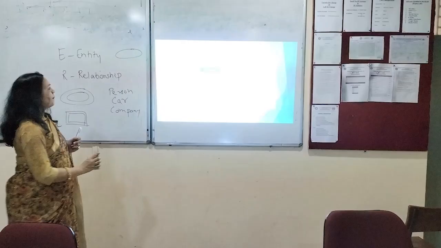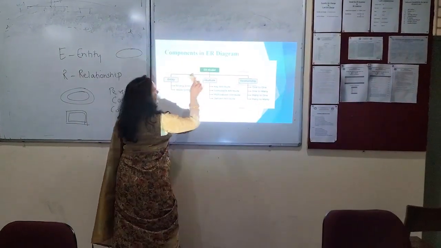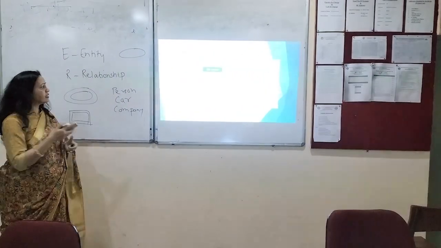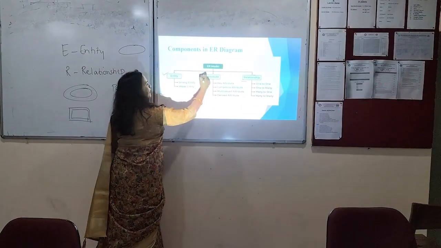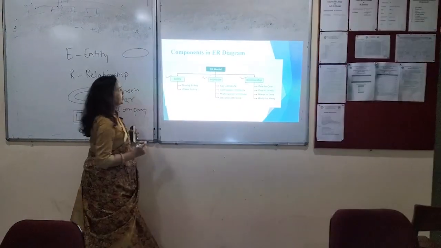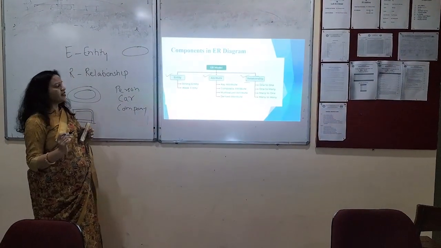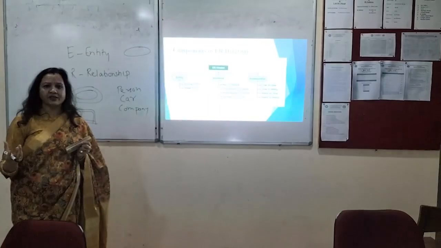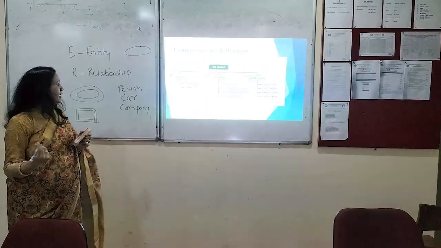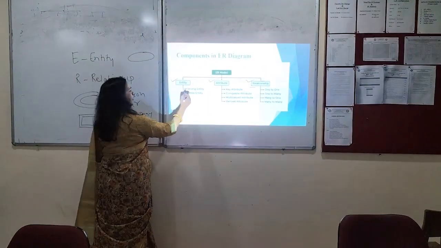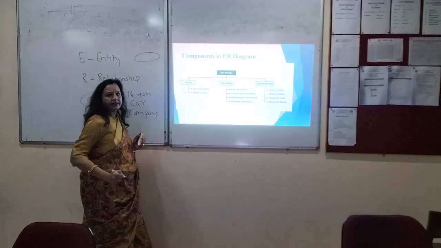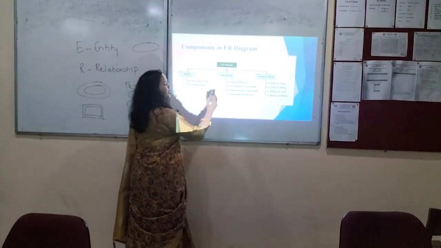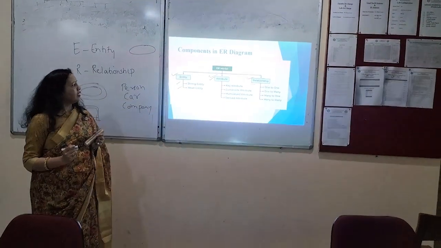Now these are the basic components in the ER diagram. First and foremost are entity, attribute and relationship. Entity we have discussed: it is a real-time object about which we can have some information in the form of attributes. There are two types of entities, strong entity and weak entity. Attributes are the information or headers about the entity.